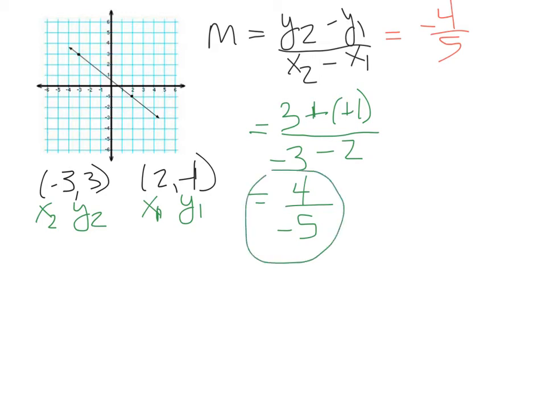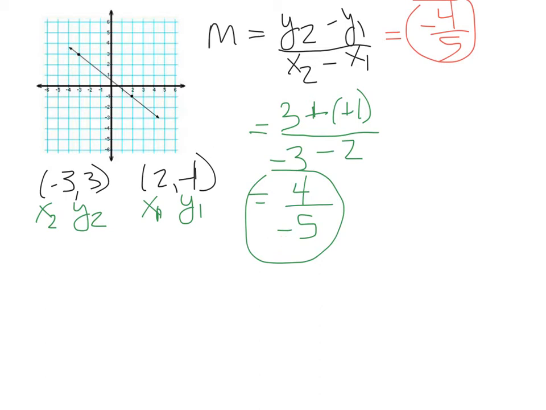Now we have to look at each one of these and refresh ourselves on what we know is true about mathematics and numbers and algebra, and are these the same? In our red example, the negative sign is on the numerator. In the green example, the negative sign's in the denominator.